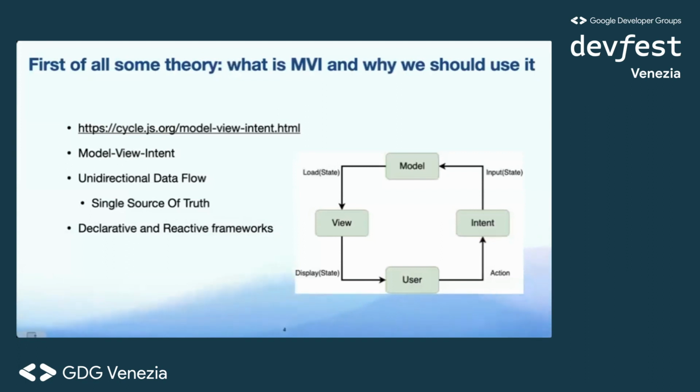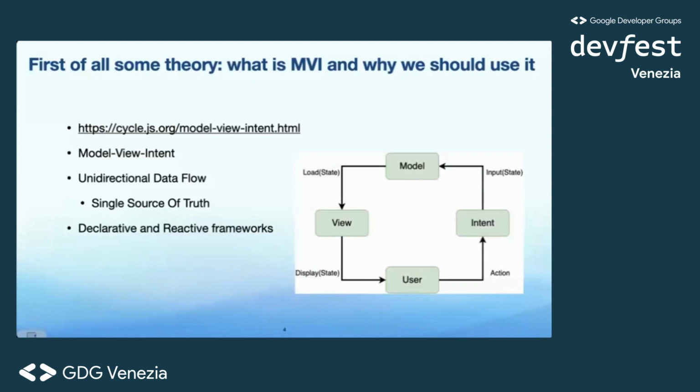One of the main problems we found with, for example, MVVM is the consistency of the data. Because the data is connected in two ways, there are sometimes problems related to maintaining the single source of truth.